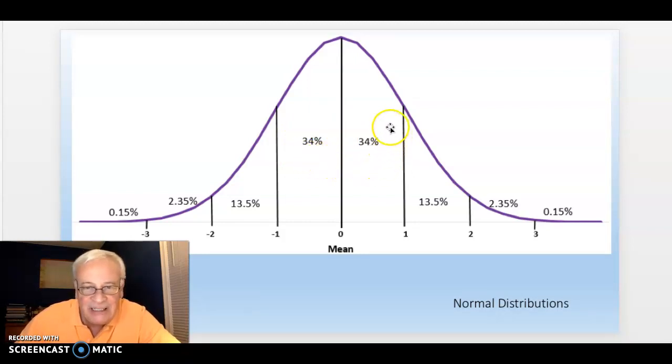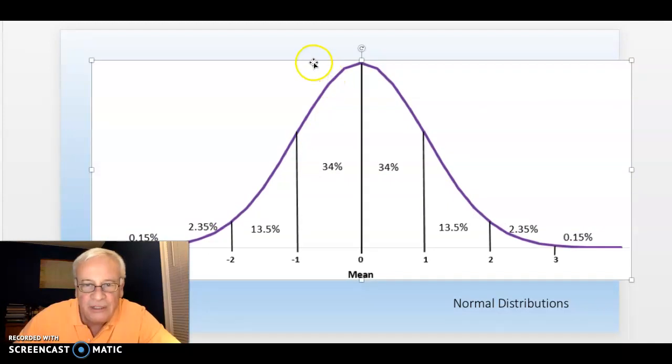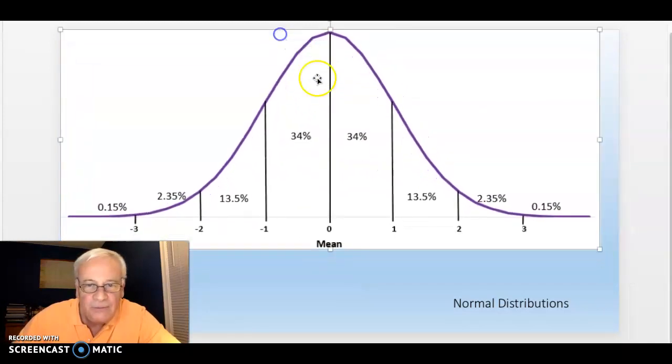So 68%, these two added together, fall within one standard deviation of the mean. If we move out one more standard deviation, 13.5% fall within 1 and 2 standard deviations of the mean, just like 13.5% are in this slot right here.